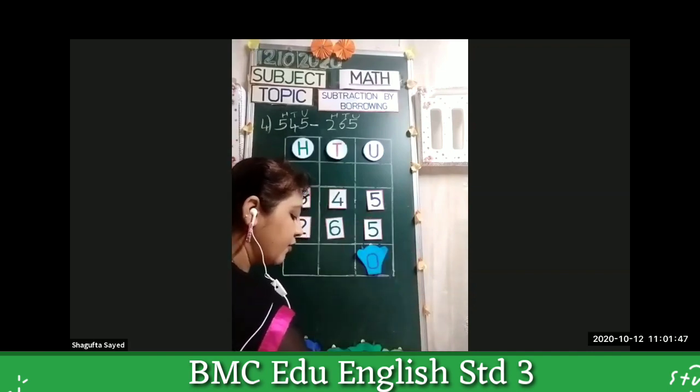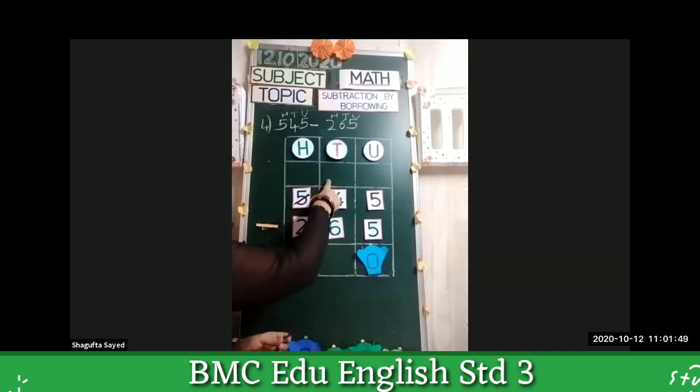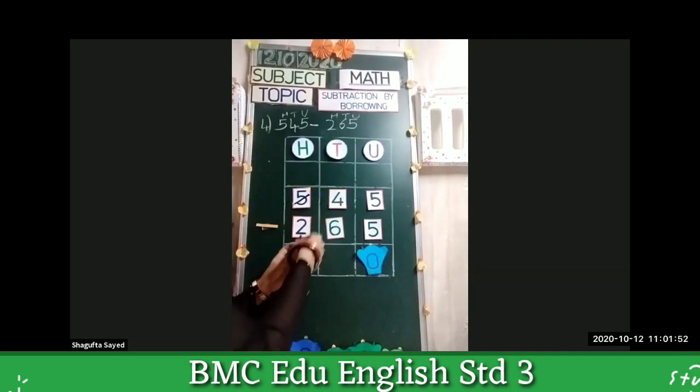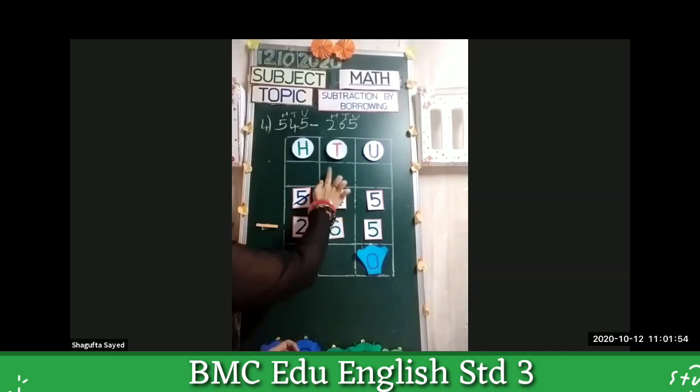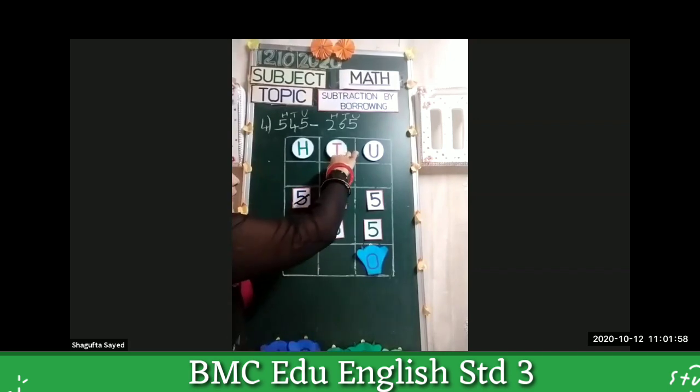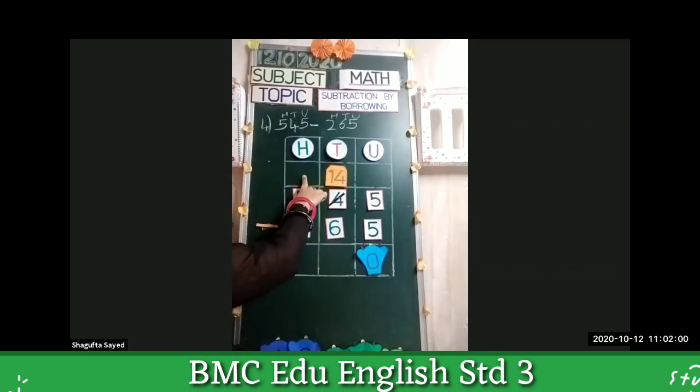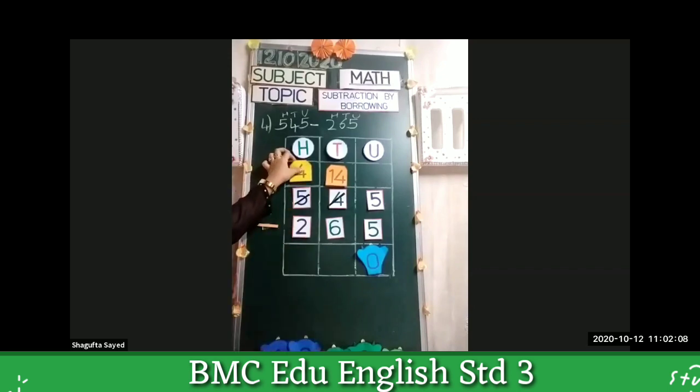Then we are going to give 1 here, and we are going to cut this 4. So, it becomes 14. And here, if I have given 1 over here, what will be remaining? Very good. 4. So I'm writing 4 here.